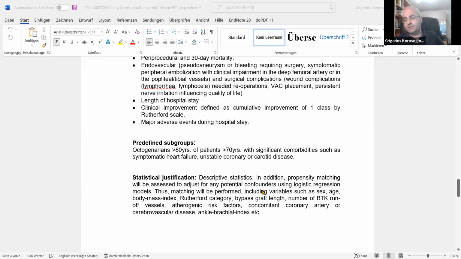Probably we will focus on two predefined groups from the lesion side, which is bifurcation versus isolated common femoral artery lesions, and from the side of the patient characteristics, patients that are over 80 years old, or patients who are over 70 years old but have significant comorbidities, as for example heart failure or unstable cardiovascular disease. And of course, we will need to take care of standard statistics as usual.